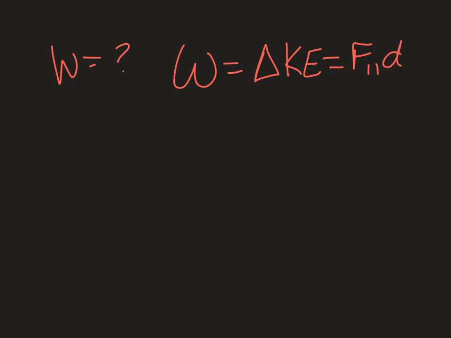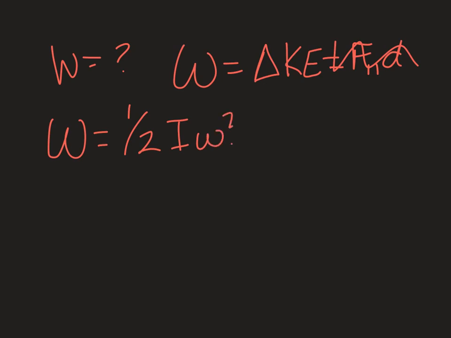Being as our skater hasn't moved, I don't really need to consider this component, but I can consider the fact that they changed velocity, meaning that the work will be equal to 1/2 I omega squared with the final velocity minus the initial kinetic energy, or 1/2 I omega initial squared. I can plug in the variables that I've already found from the previous question and simply solve.